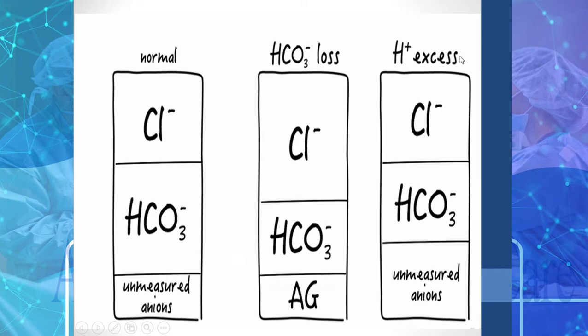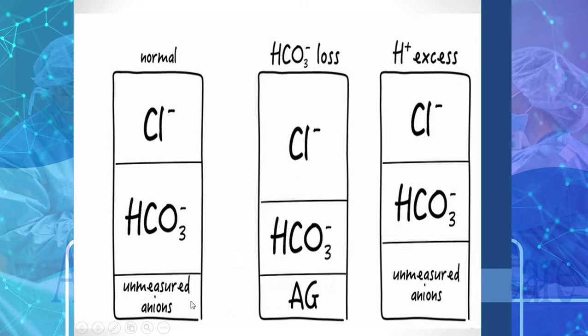In case of hydrogen ion excess, what will happen? The hydrogen ion will come and take the HCO3, very rapidly. The HCO3 will be consumed, and there is no time for the chloride to increase. And this is the second type of metabolic acidosis. So here this is normal.